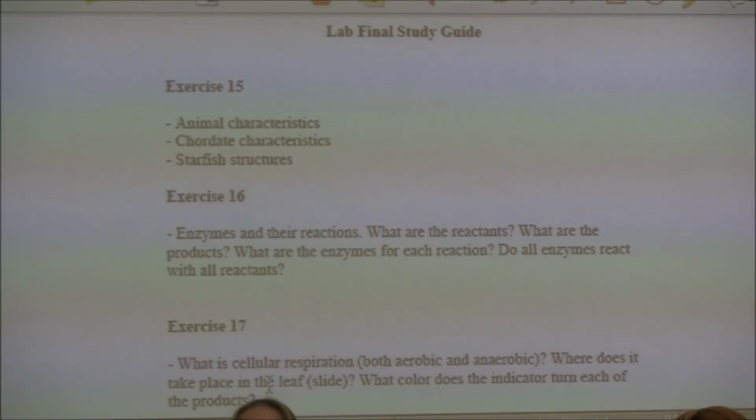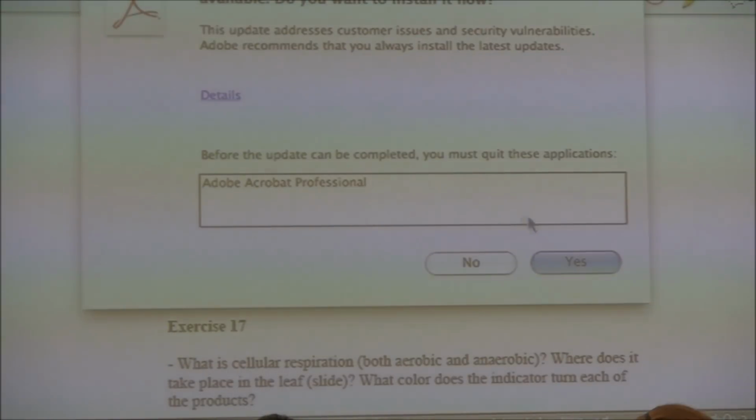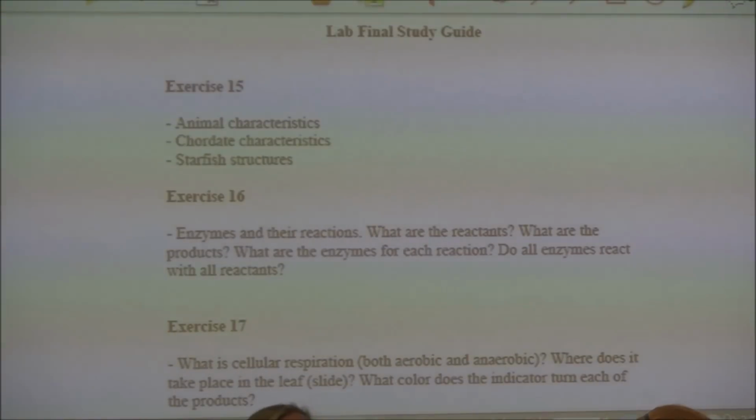Chordate characteristics. There are 5 of them. Give me one. Notochord. What else? Pharyngeal pouches or gills.